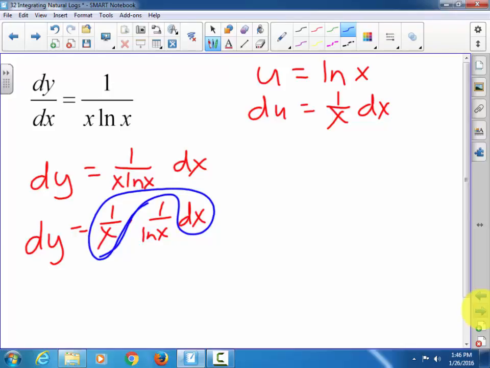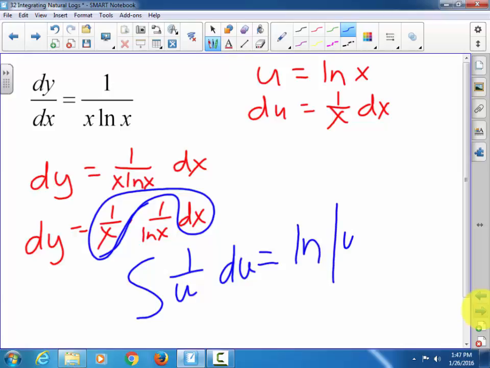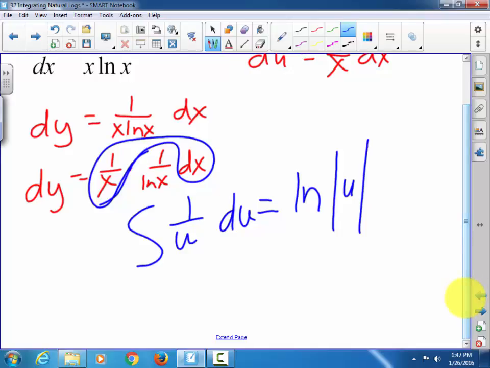So now when we integrate this, we can put du in place of all of that, and 1 over u, because ln of x is u. Now, how do we integrate 1 over u? Well, that means it's the ln of the absolute value of u. But what is u? It's the ln of the absolute value of the ln of x.